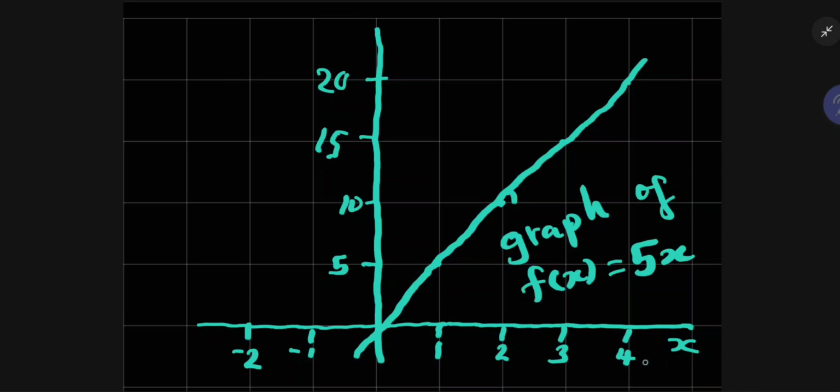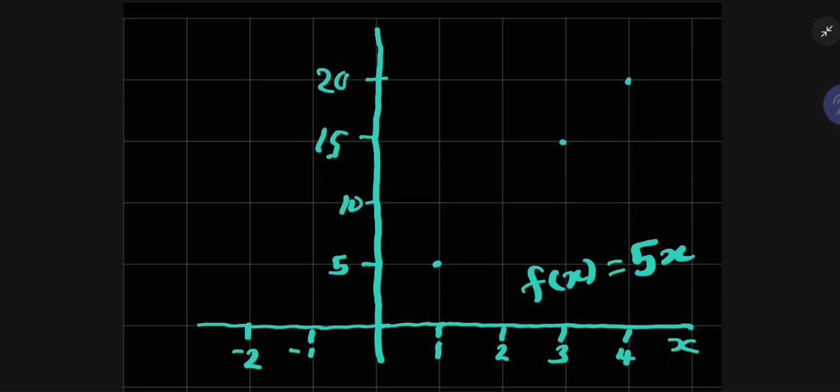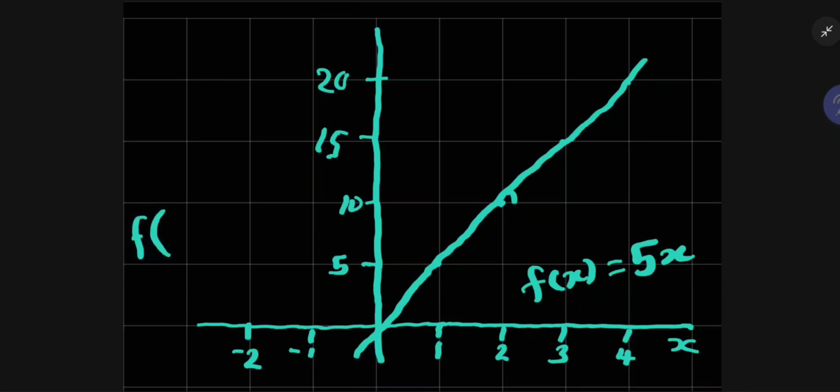So from this graph, you can answer questions like, if you were asked, let's erase this a bit, find f of 3.